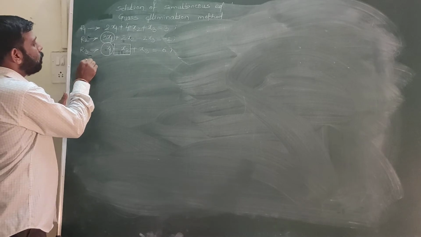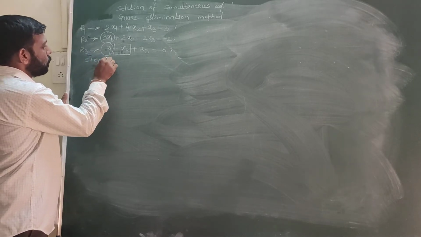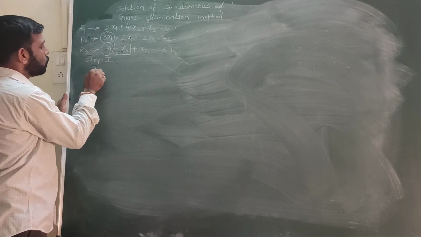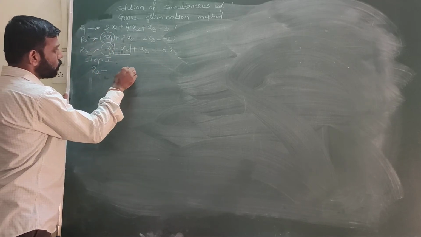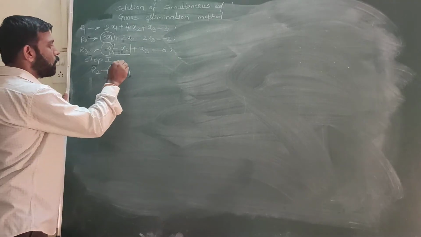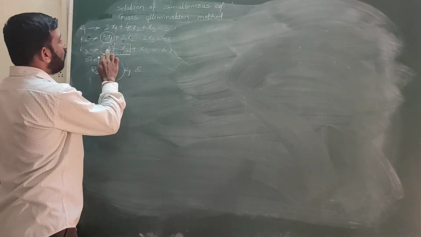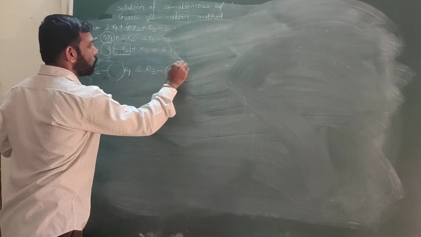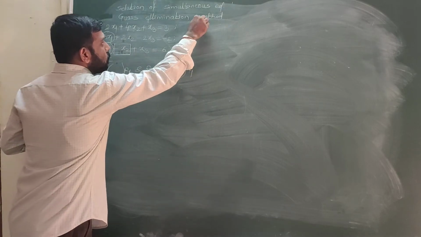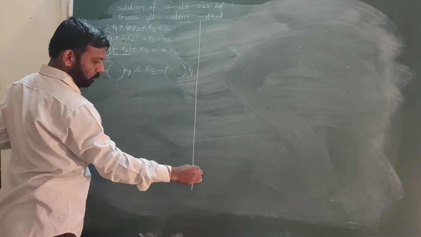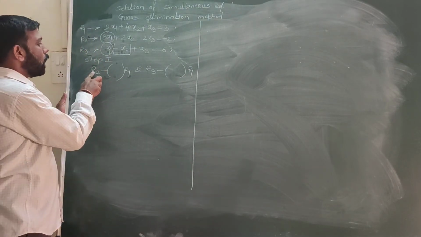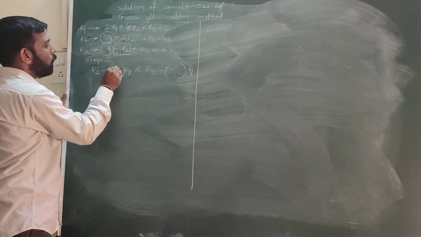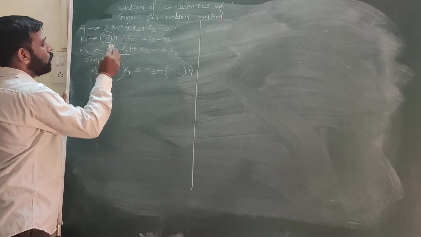Start with the first step: R2 minus multiplying factor into R1, and R3 minus multiplying factor into R1. For R2 minus multiplying factor, R2 coefficient is 3 and R1 coefficient is 2.